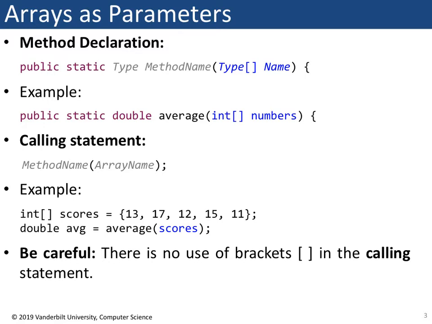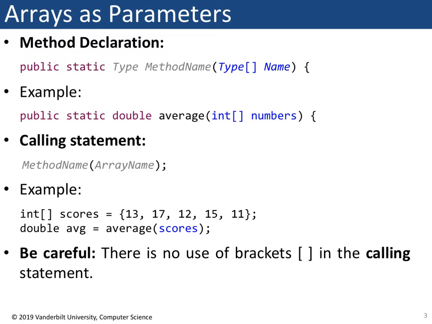First of all, to tell a method that you intend to pass it an array, the syntax goes like this. The method header is similar to what we have done to this point with a key change shown in blue. Public static, then the type of the return, if any. If there is nothing returned, obviously, then void.